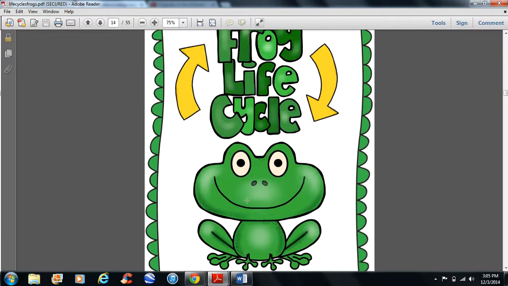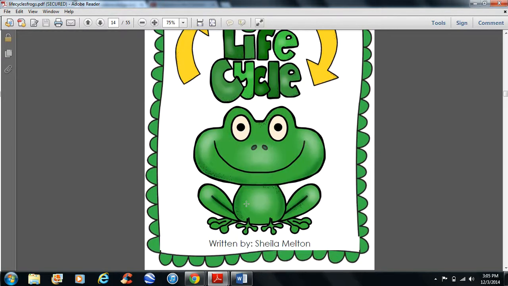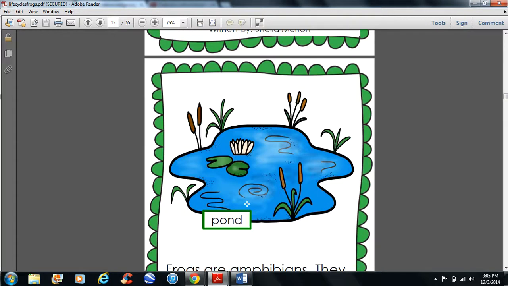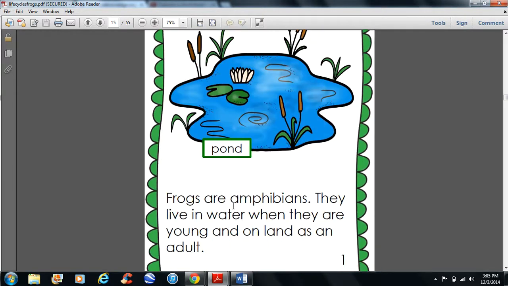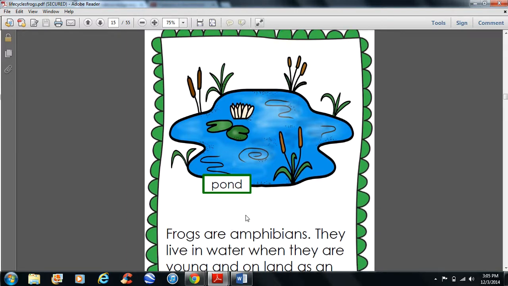Now, I'm going to read you a book, The Life Cycle of a Frog, written by Sheila Melton. Ponds. Frogs are amphibians. They live in water when they are young and on land as an adult. Maybe sometime in the summer you have been out at a friend's house or been somewhere close to a pond.